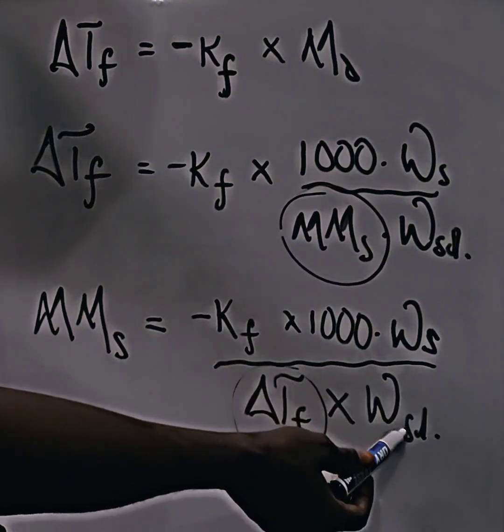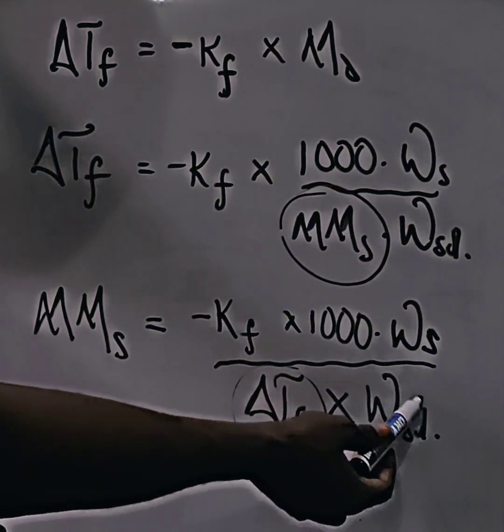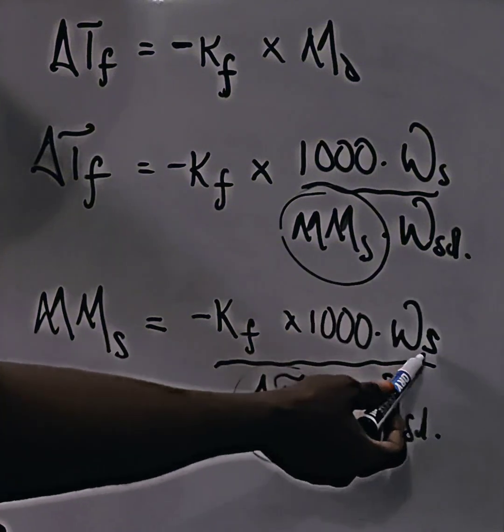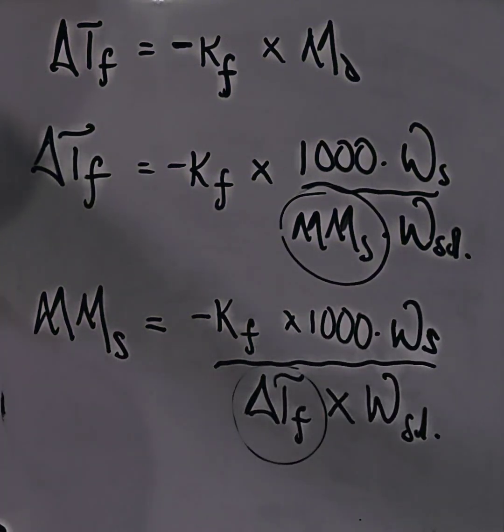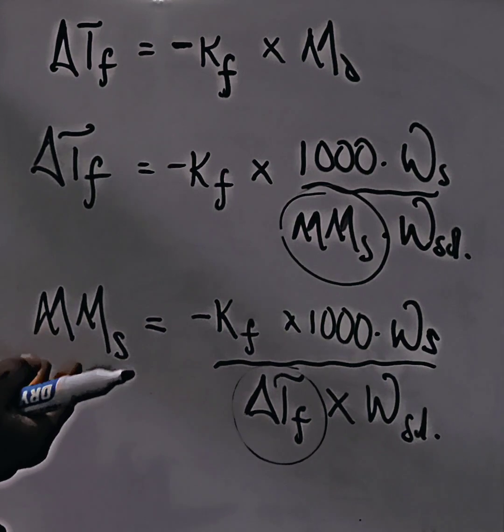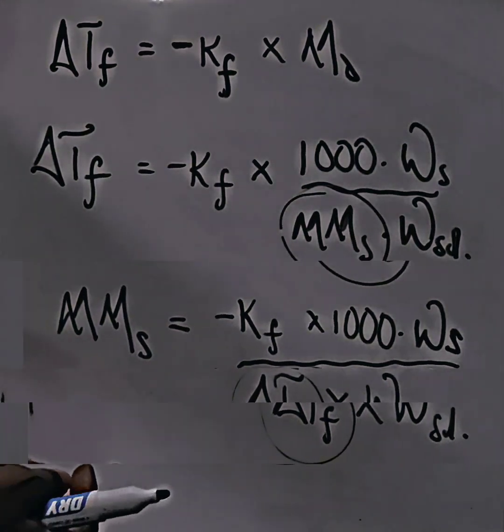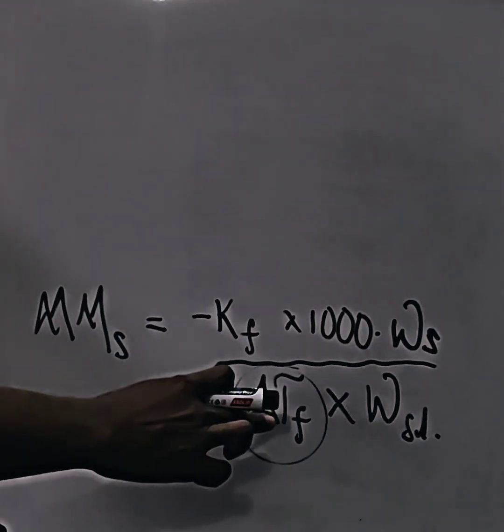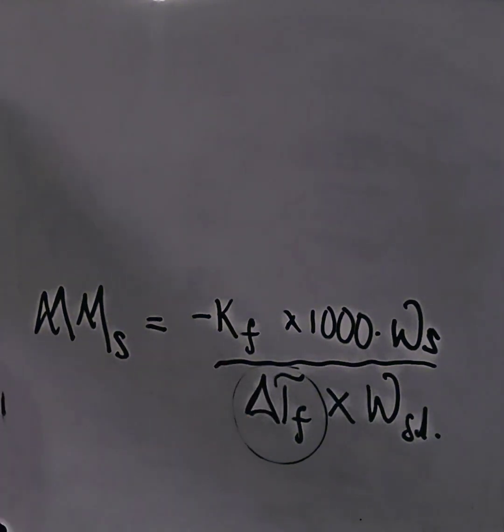Then we get to know from the experiment the weight of solution and the weight of solid that was taken. So this is how you get to find the molecular mass of a solid using freezing point determination by employing camphor as a solvent.